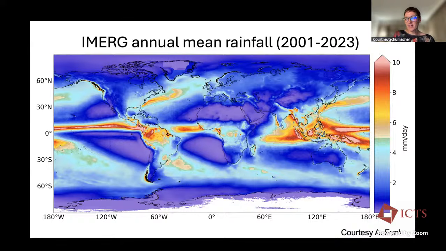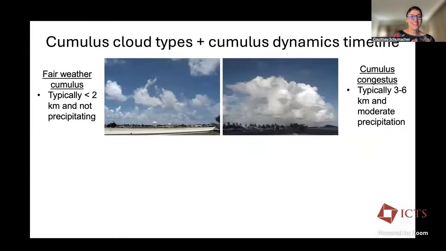And so then we want to get at what the convective cloud types are that are producing this, and why. So let's talk about the cumulus cloud types. Photographs are great, but the best observations are your own eyes, so go out and look at clouds, and hopefully you see a lot of these. I have some simple ones first.